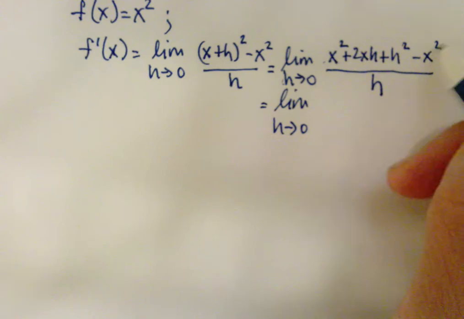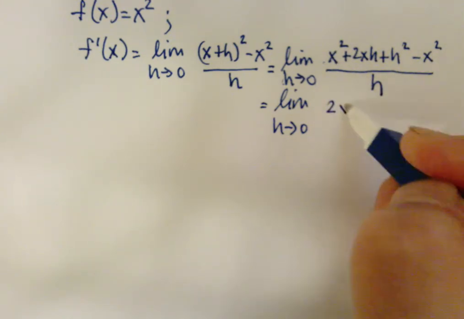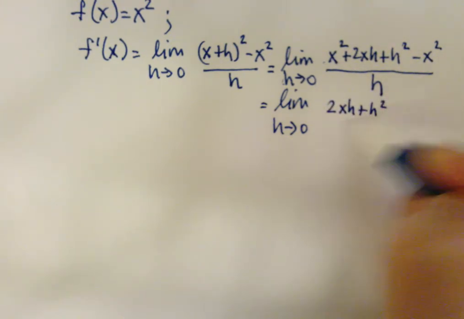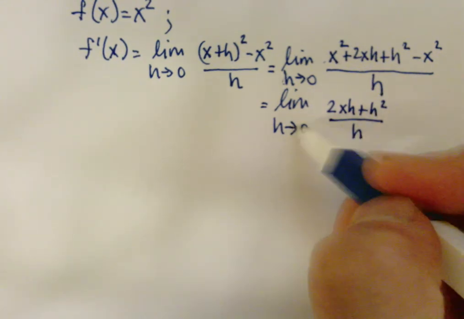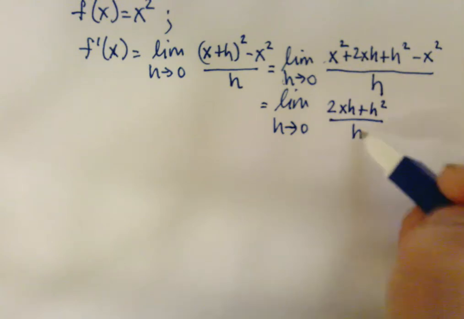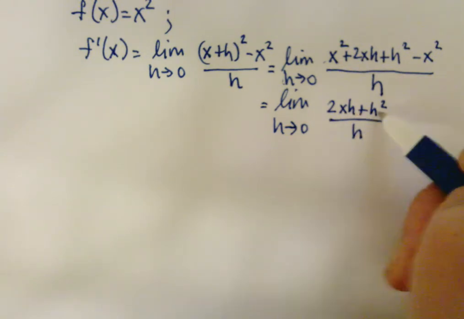Notice that the x squareds here cancel, so we have 2xh plus h squared over h. Again, h is just going to 0, it's not equal to 0. So the h's here cancel.